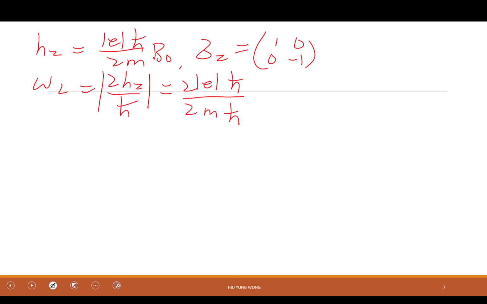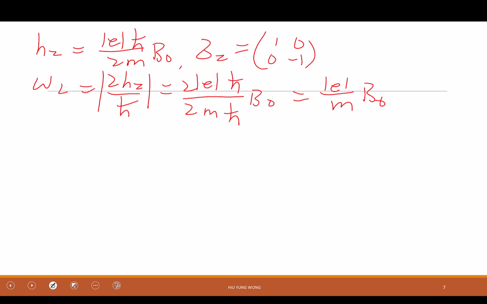Is this okay? Do you see this? And I also missed the B0. What is the frequency that is precessing? Do the cancellation: e over m, B0.